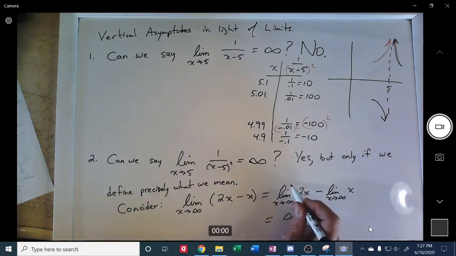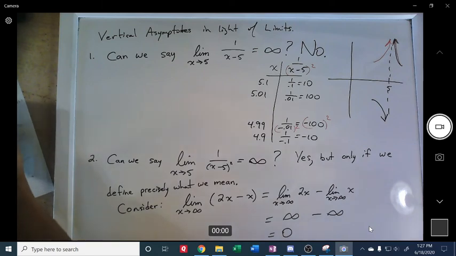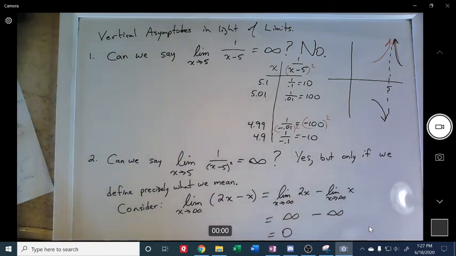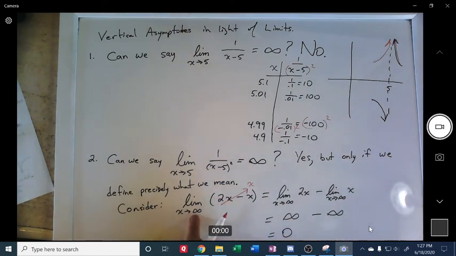You could bring out the 2 in front of it, but even if you don't, you can tell this is going to infinity. This is going to infinity. And infinity minus infinity, anything minus itself is 0, so you should be getting 0. But that's clearly not the case, because 2x minus x is really x, and as x goes to infinity, this whole thing goes to infinity.